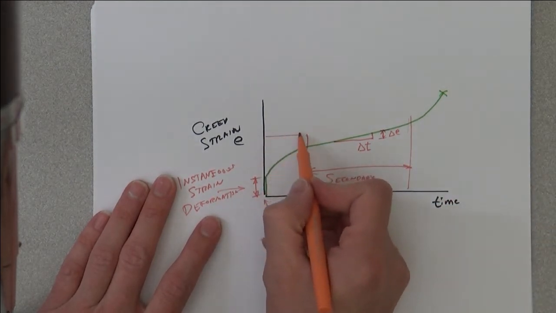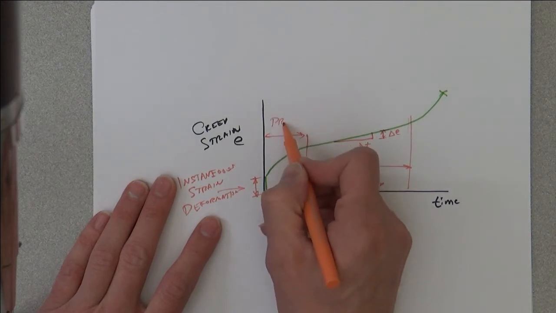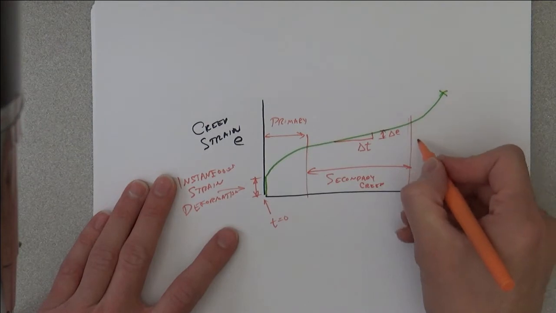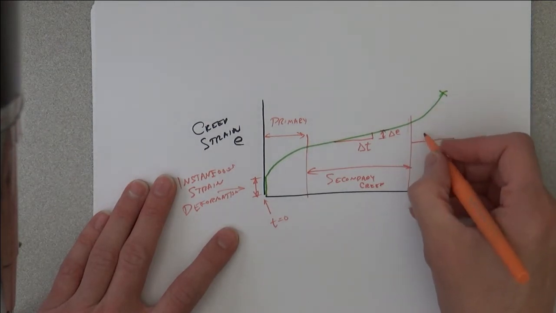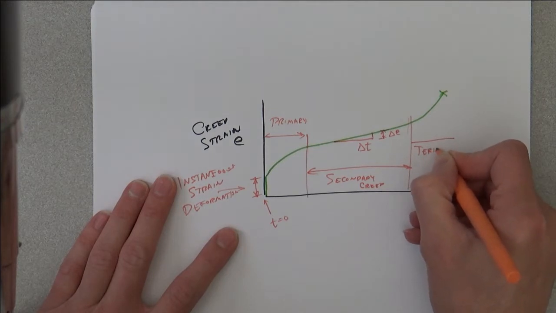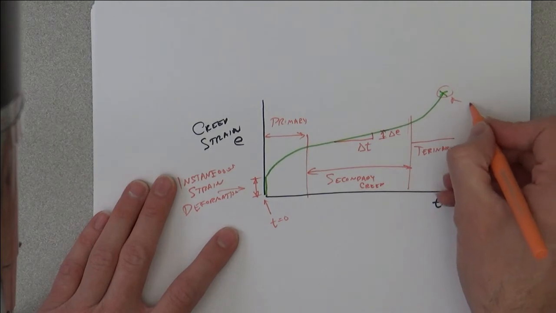This part is then primary, and this is tertiary. And up here we have rupture.